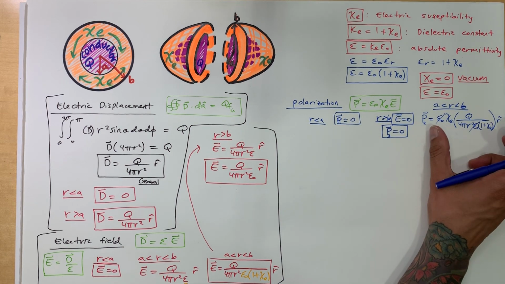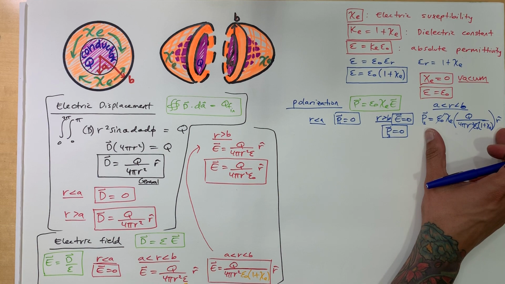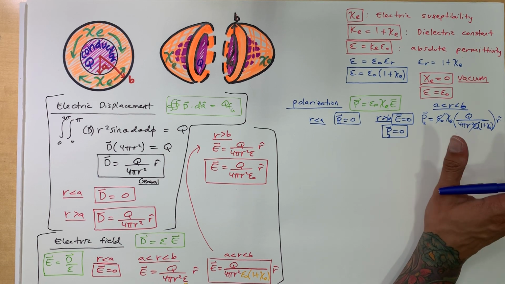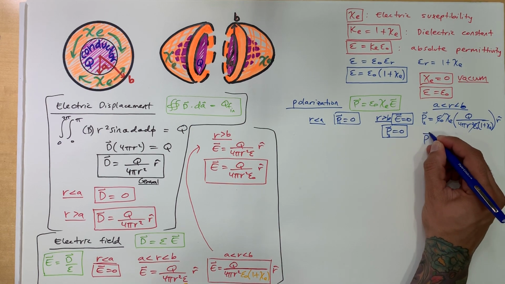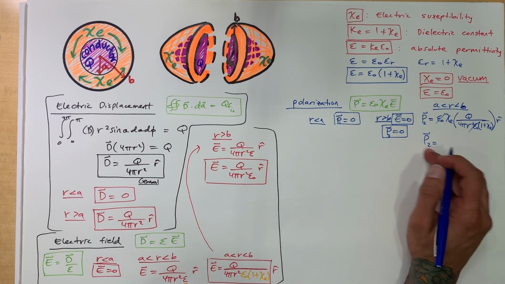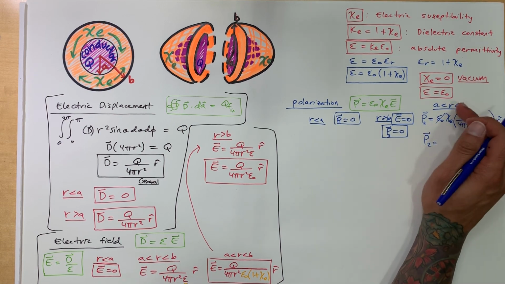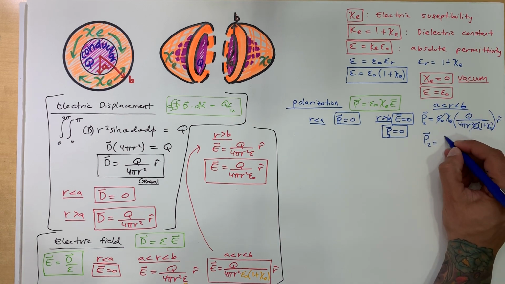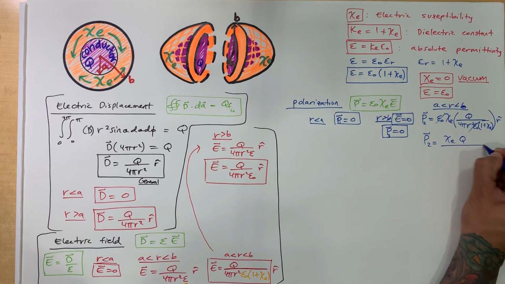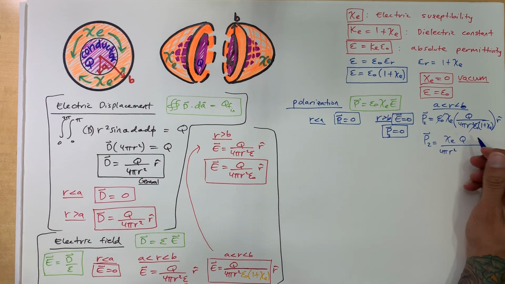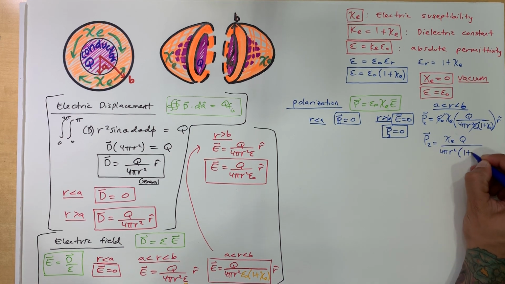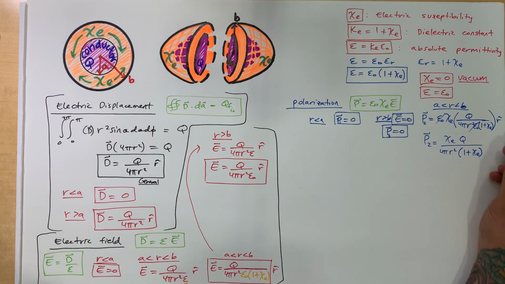All right, and so what else can cancel here or group up? I think we should just leave it how it is. So now we got polarization in this region where R is between A and B. We got chi E Q over 4 pi R squared 1 plus chi E, in the radial direction.